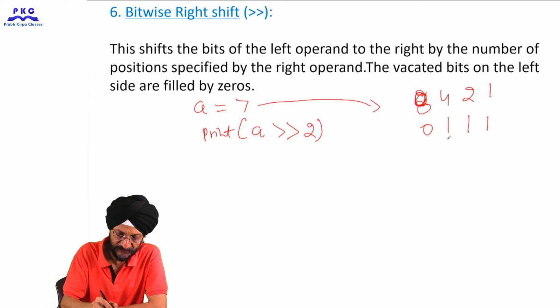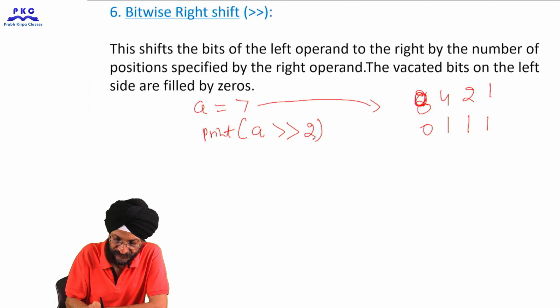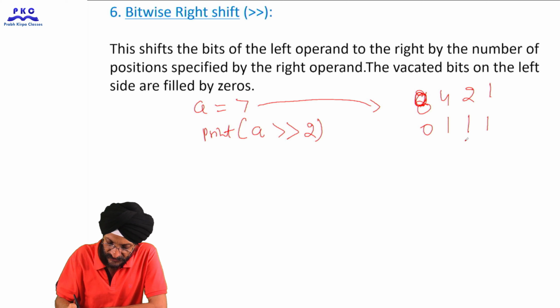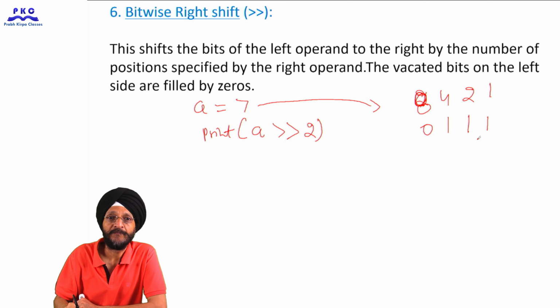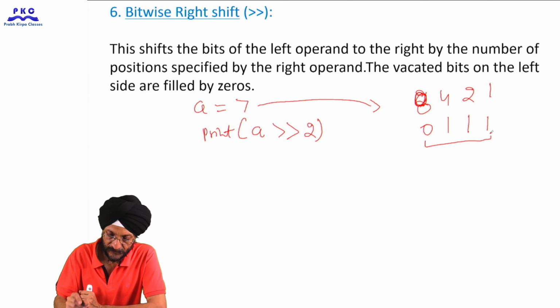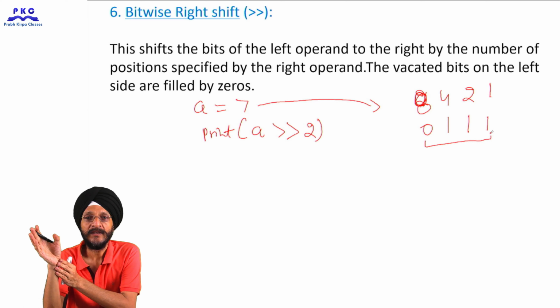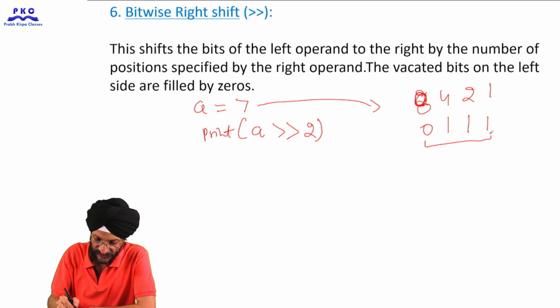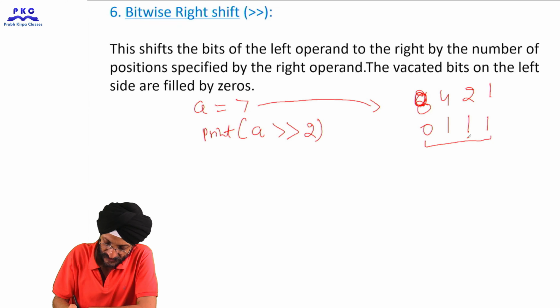So now what is given? Bitwise right shift 2. That is, we have to shift these values to the right by 2 positions. That is, these two bits will have to go outside.